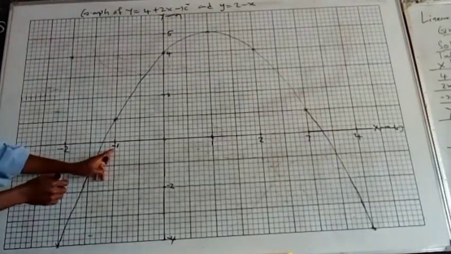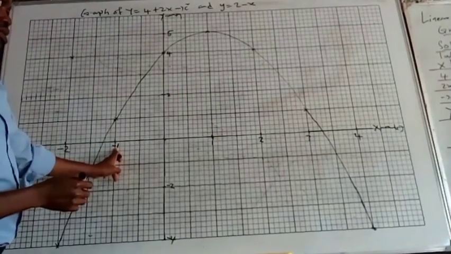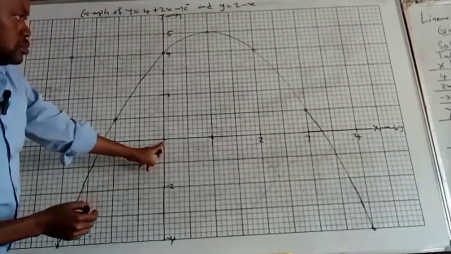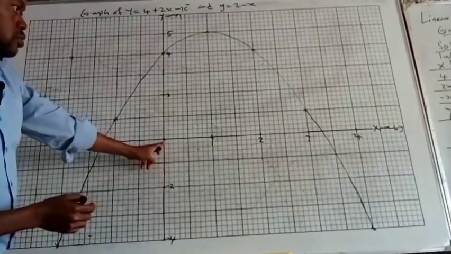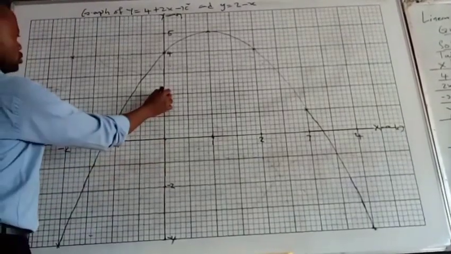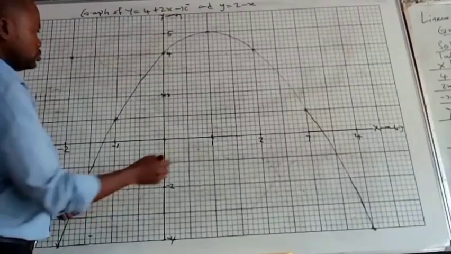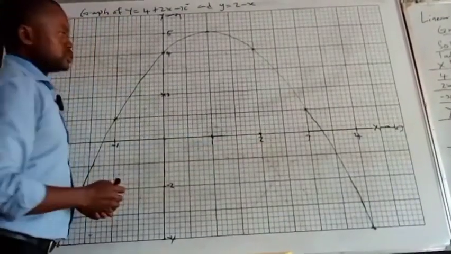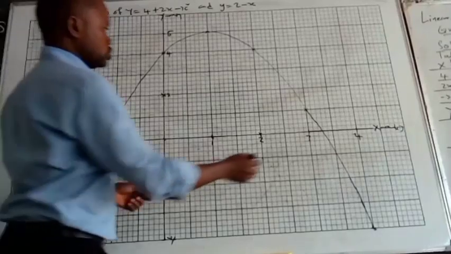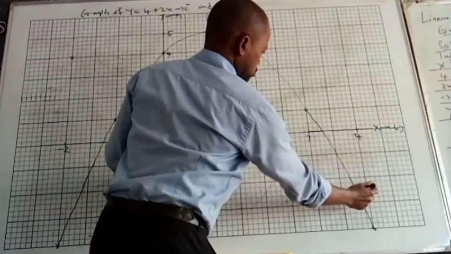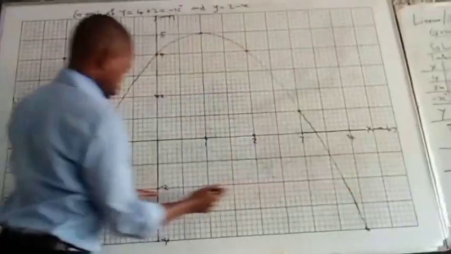When x is 0, y is here. When x is 2, y is 0 here. And when x is minus 2, y is 4, and x is 2, y is 0.